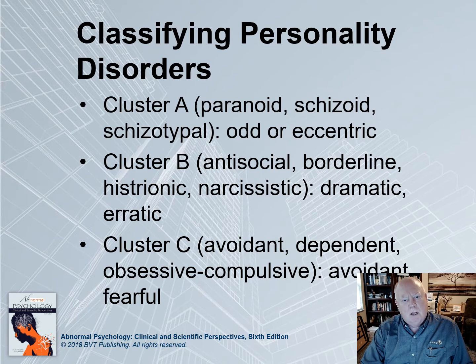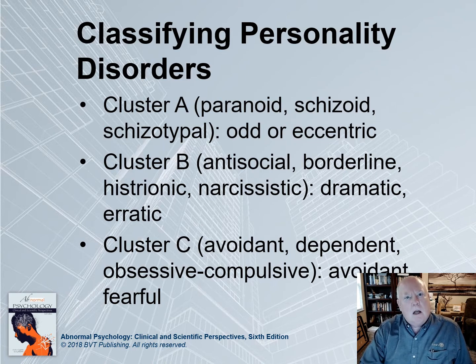I mentioned earlier that we take the 10 personality disorders and group them into 3 clusters, which we call A, B, and C. Of course, A, B, and C doesn't give us any idea what the clusters are, so there are names associated with the clusters. So cluster A is called the odd or eccentric cluster, and the symptoms found there have a certain oddity. Cluster B is the dramatic or erratic cluster, and cluster C is the avoidant or fearful cluster.